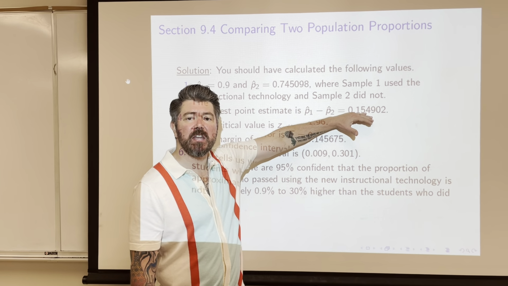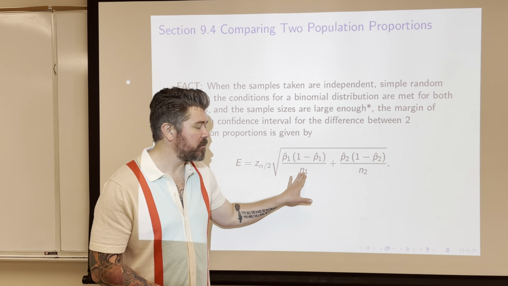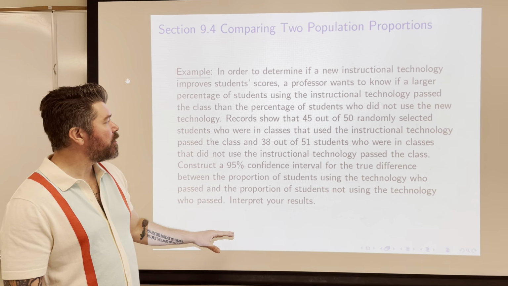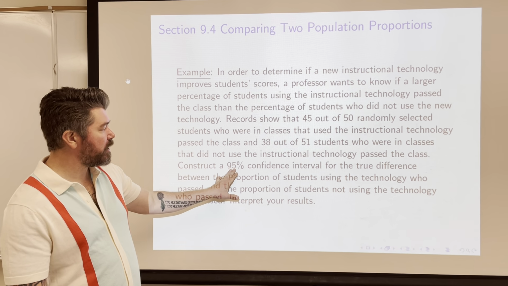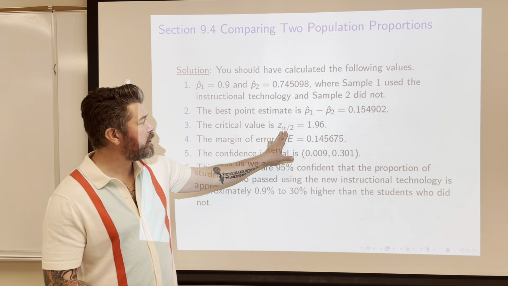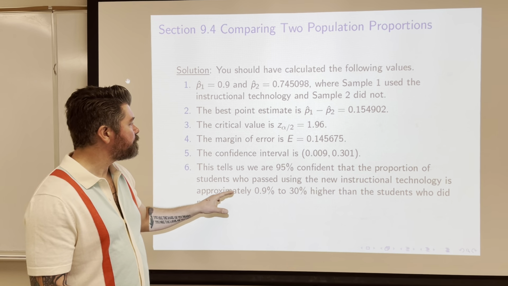Now, we need to calculate our error. In our error, we need a sample size for the first group and a sample size for the second group, and we need a critical z-value. In the problem, we notice that we're looking at a 95% level of confidence. So our critical value using table B is 1.96.